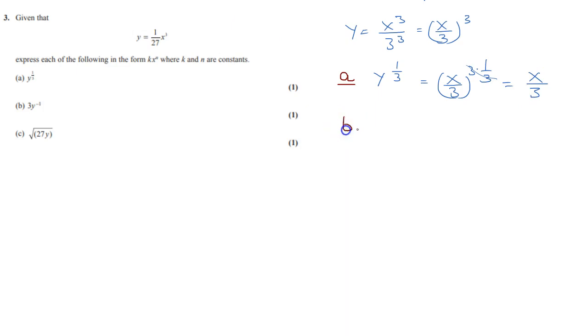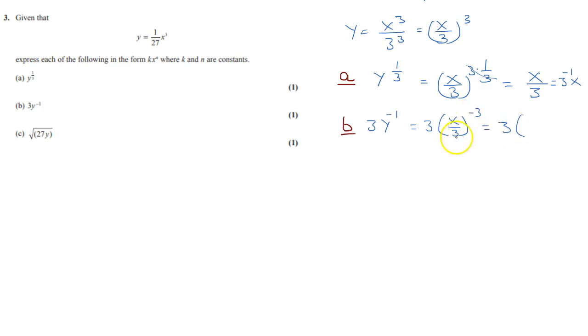Part B is 3y to the power minus 1. We have to write it in the form kx to the power n. So that is 3 times (x over 3) to the power minus 3.